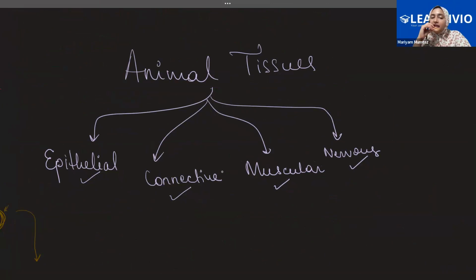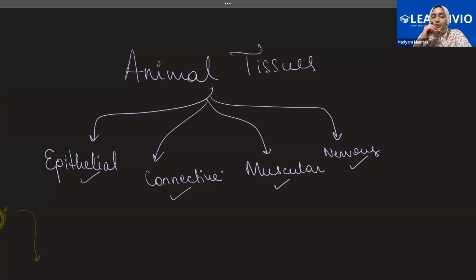We have epithelial tissue, connective tissue, muscular tissue, and nervous tissue. So the various kinds of tissues that we are going to study would come under each of these broader categories. Either it will be epithelial or it will be connective, muscular, or nervous.